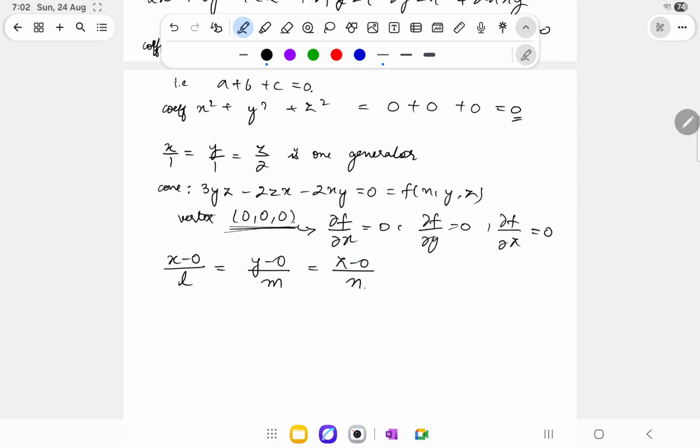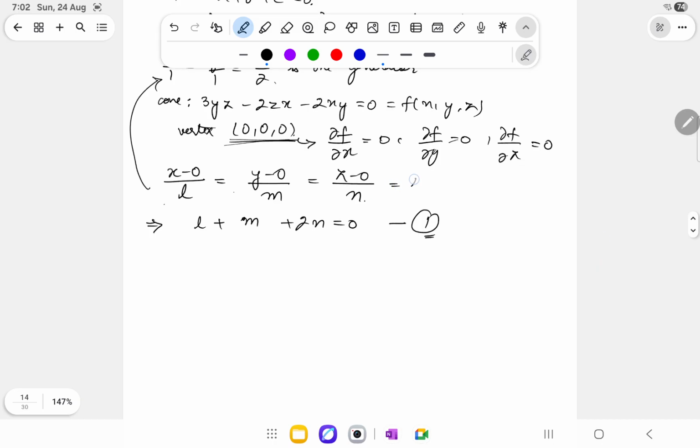generator of the cone will be basically x minus 0 by l, y minus 0 by m, and z minus 0 by n. So if this is one of the three mutually perpendicular generators of the set, these two generators must be perpendicular. Using that, I'll get l plus m plus 2n equals to 0. Let's name this equation 1.